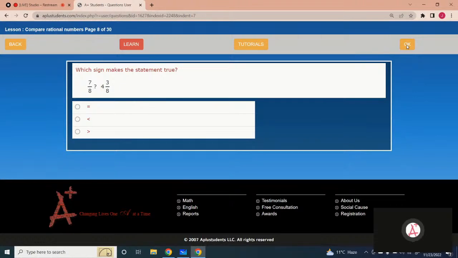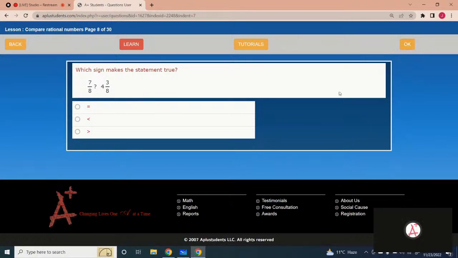Okay, 7 by 8 and 4 whole 3 by 8. So 7 by 8 is smaller than 4 whole 3 by 8.